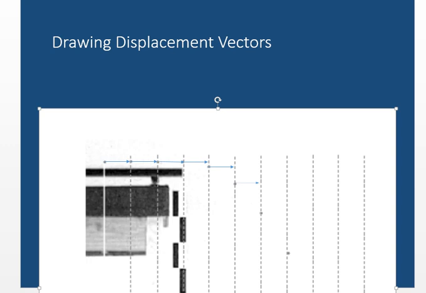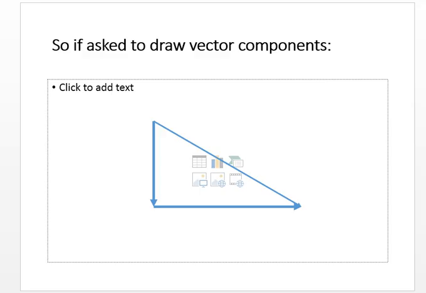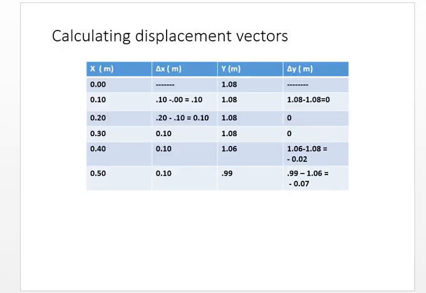So now let's look at what's going on in the y direction. So between the fourth and the fifth point, it drops 0.02 meters. Well, how long should that vector be? I know it should be pointing down. And where should it be, right? It's got to be pointing from the first point to the second point in the calculation.